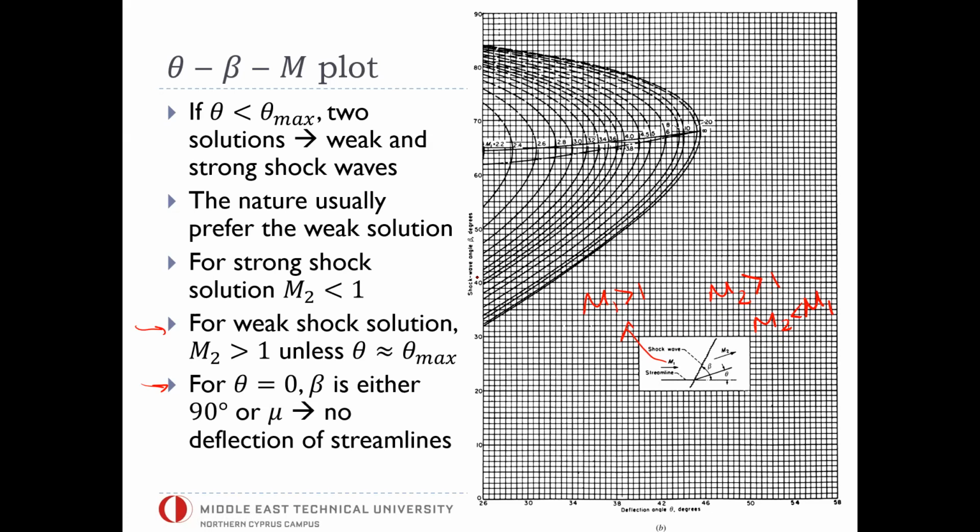If you remember, the Mach number downstream of a normal shock wave is always subsonic. That's not the case for oblique shock waves. We generally have reduced Mach number, but still supersonic. This is quite nice because this means that, first of all, losses created by the shock wave will be less.